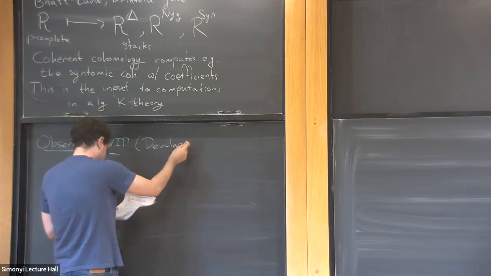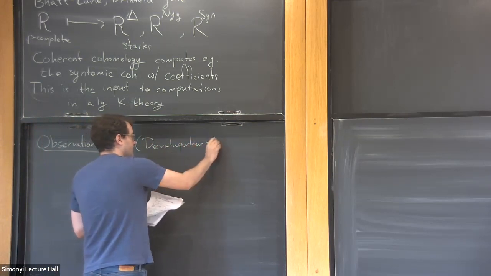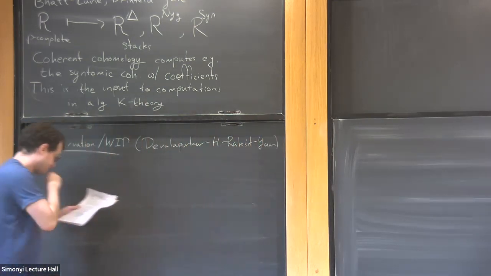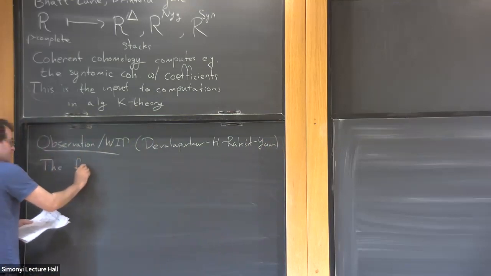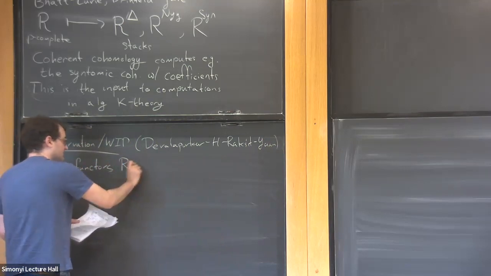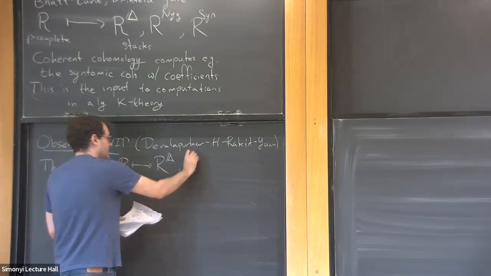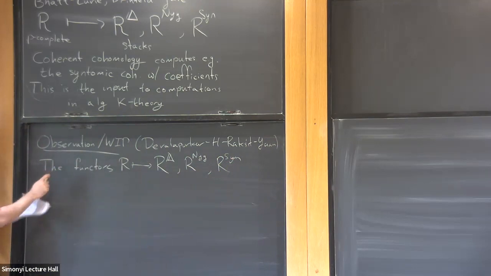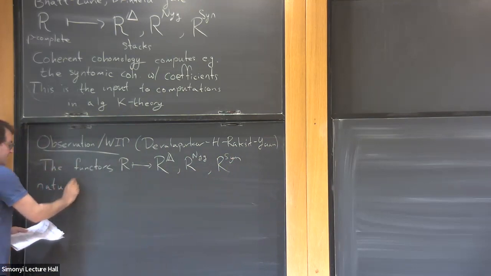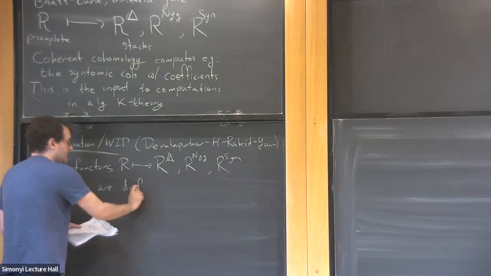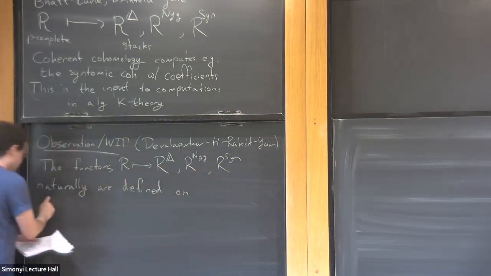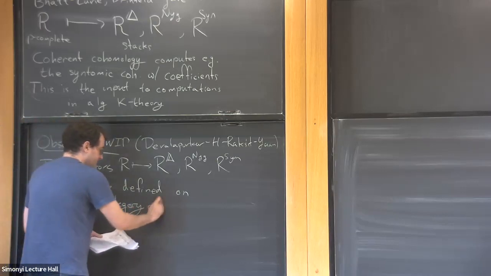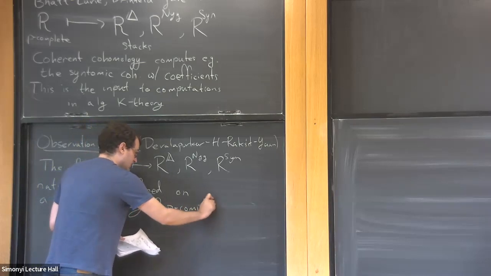Sanath Devalapurkar is in the audience, and myself and Arpon Raksit and everyone during this special year, which is that the functors, say going to prismatization or Nygaard or syntomification, naturally are defined not only on p-complete rings, but on a whole subcategory of p-complete ring spectra.